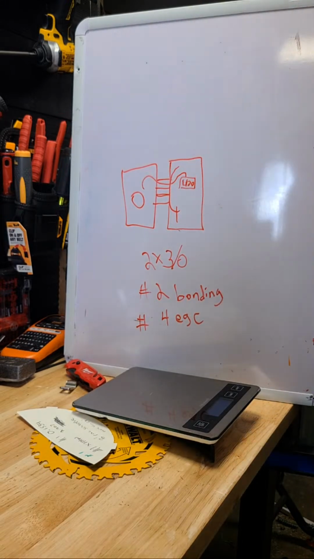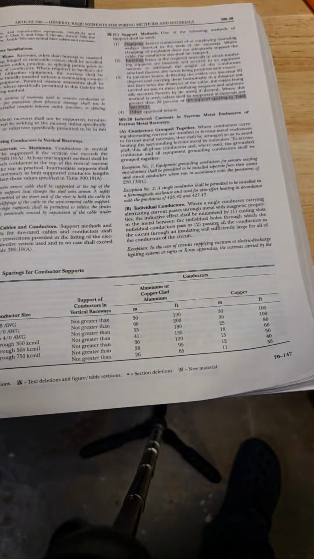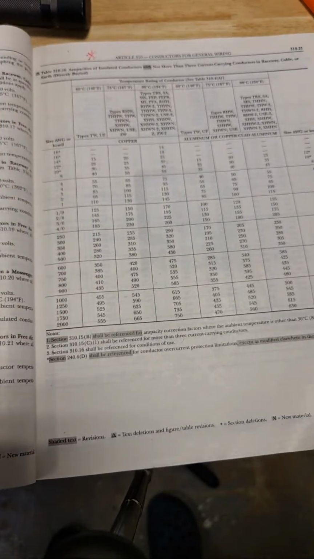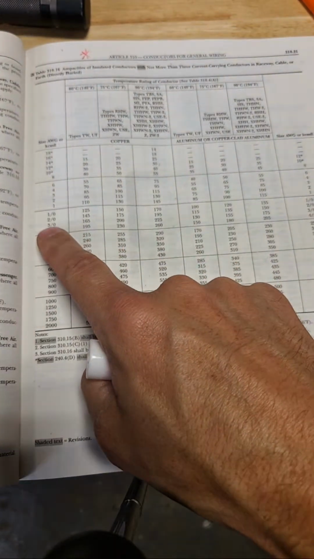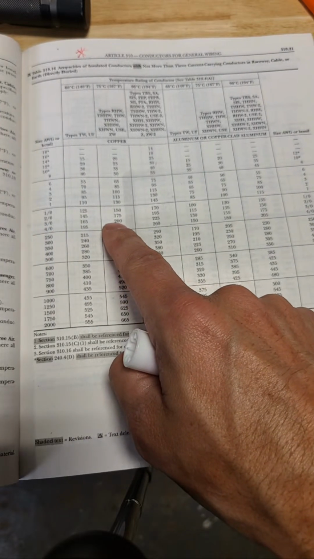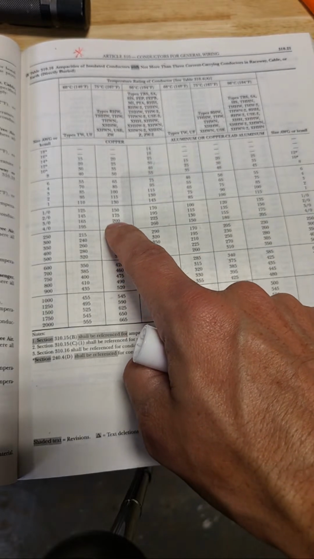So first up, the two 3/0s, if we want to cross-check this, is going to be in 310.16 right here. What we see here is a 3/0 at 75 degrees C, which is what your termination's rated for. This is going to get you 200 amps each.